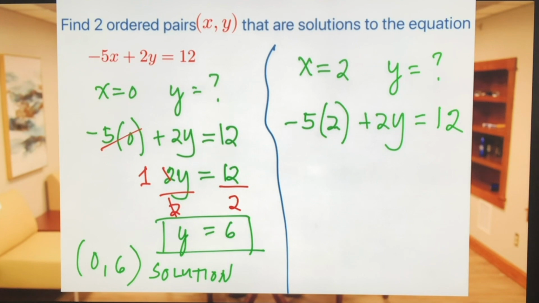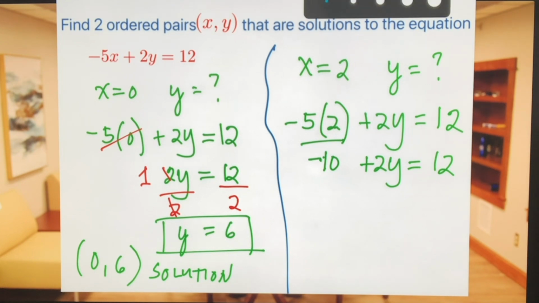Let's simplify. Negative 5 times 2 will give us negative 10 plus 2y equals 12. Then let's solve this two-step equation. Let's eliminate negative 10 by adding its inverse, so plus 10 on both sides. This is justified by the addition property of equality.